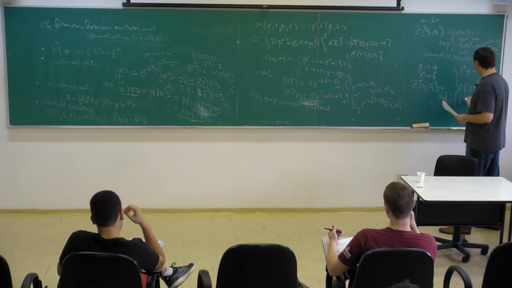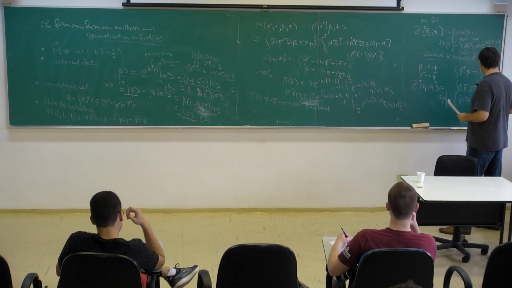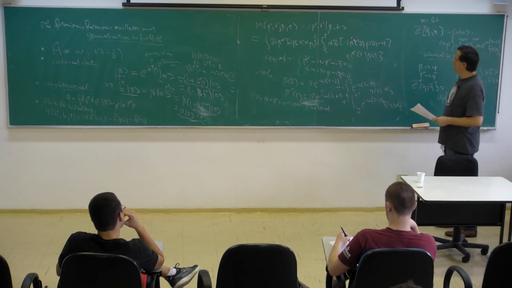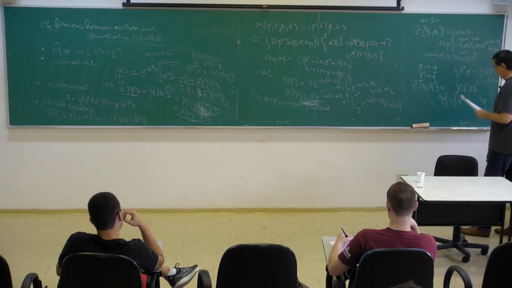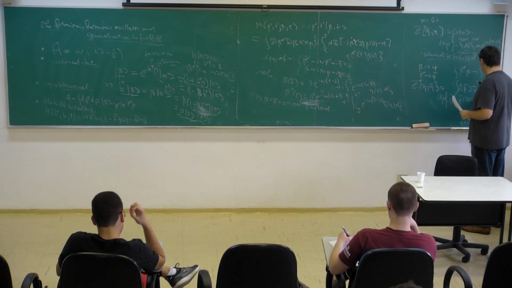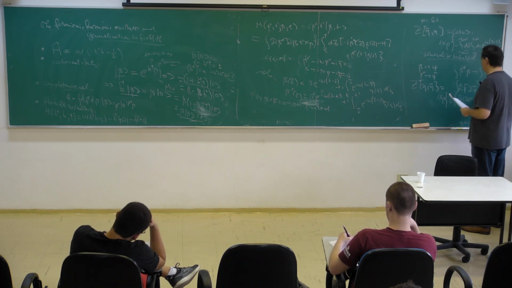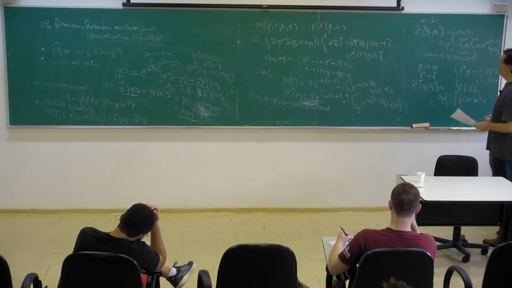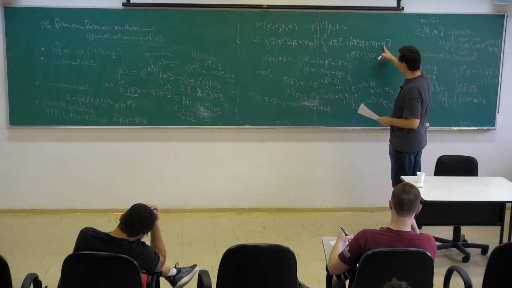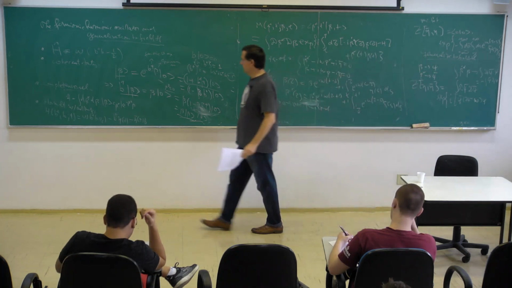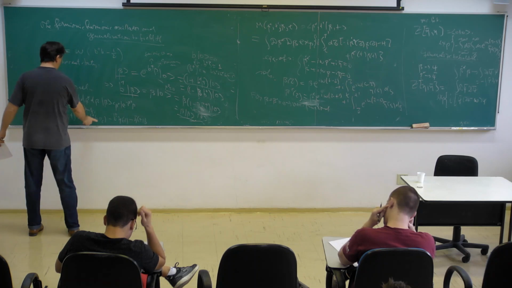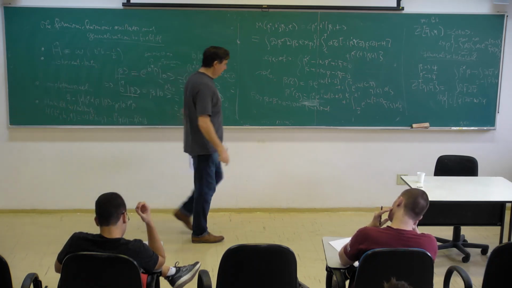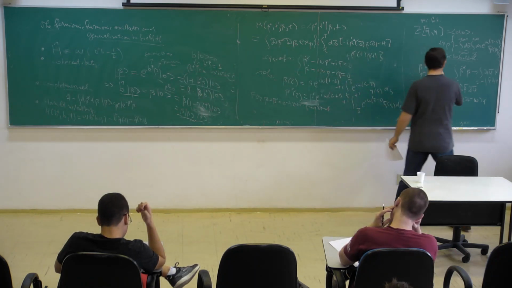But then we still have minus H, and H is omega beta star beta, which is replaced by psi bar psi.